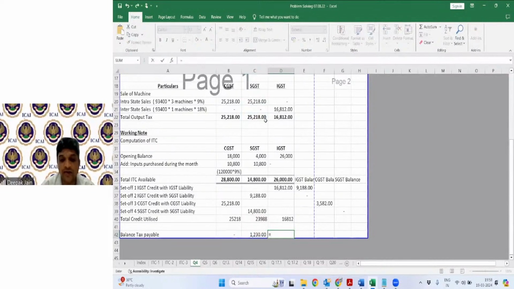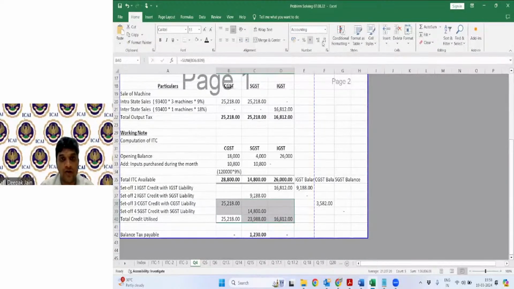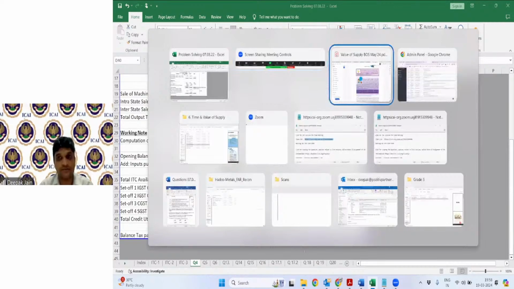So you have still a liability and IGST output minus your input credit is zero. So you have to pay 1,230 through your electronic cash ledger. Got it? This is how you will pay your liability through the credit ledger.